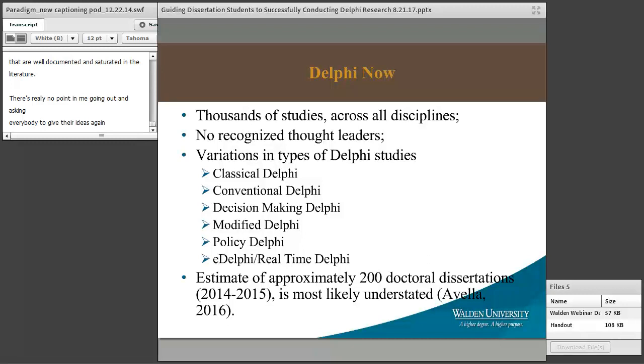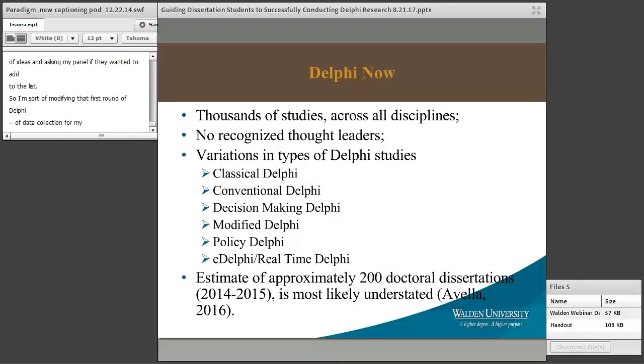What I might do as part of a lit review is pull together and document all of those ideas and create that list of items that I showed you, which emerged from that thematic content analysis, and begin my first round by giving my panel the list of ideas and asking if they wanted to add to the list. So I'm modifying that first round of data collection for my Delphi.